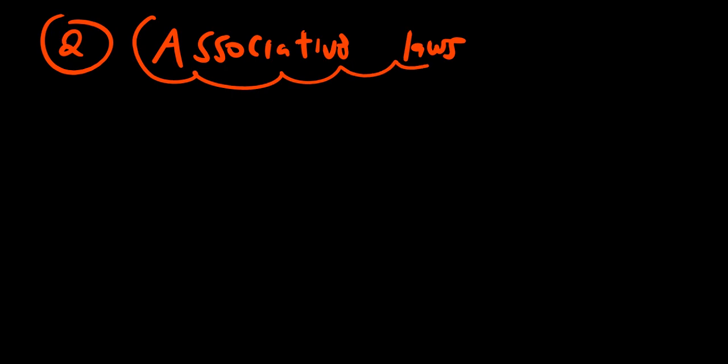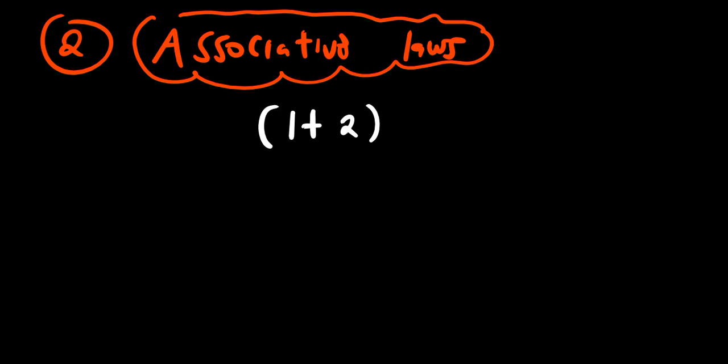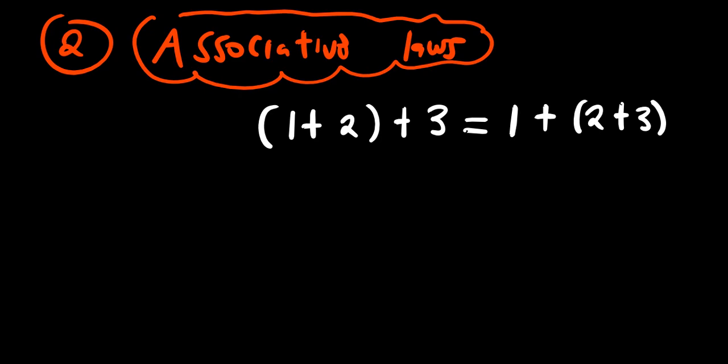Then the second law that you need to understand, now this is very important, the associative laws. Okay, now if I ask a question, if I added 1 plus 2, I put this in bracket, plus 3, is it going to give me the same answer if I added 1 plus 2 plus 3 and I put that in bracket?